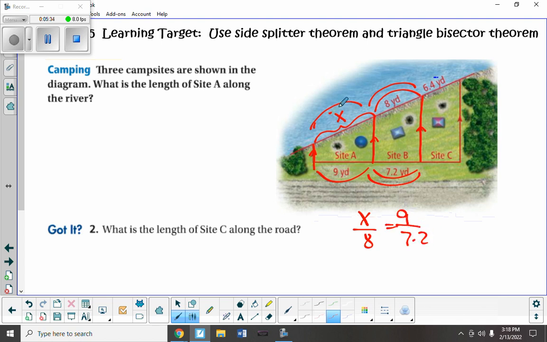Okay, so it's side to side, side to side. And then we can cross multiply. So you would have 72 equals 7.2x. So if we divide by 7.2, x equals 10.